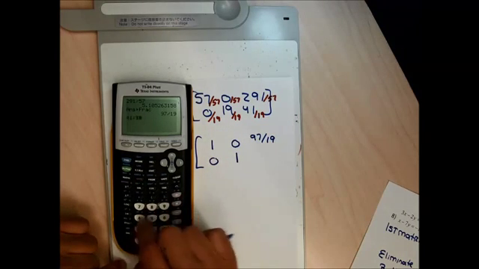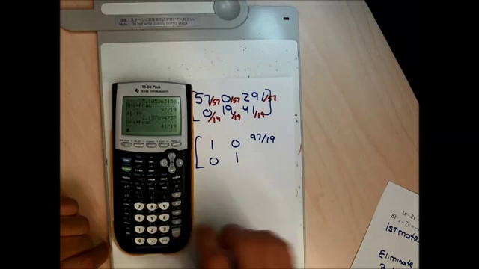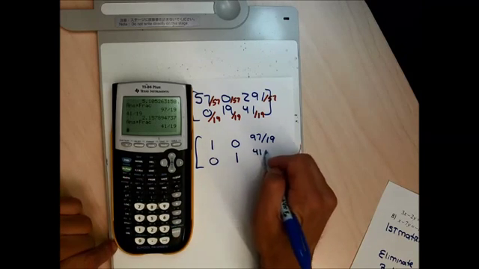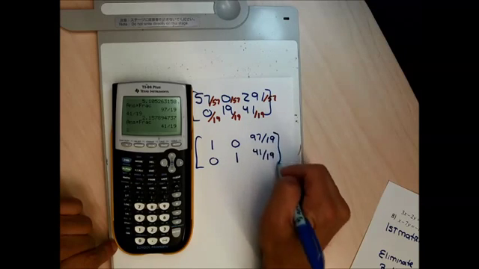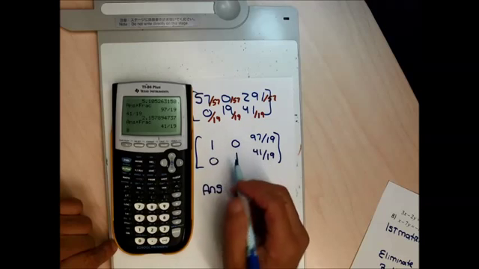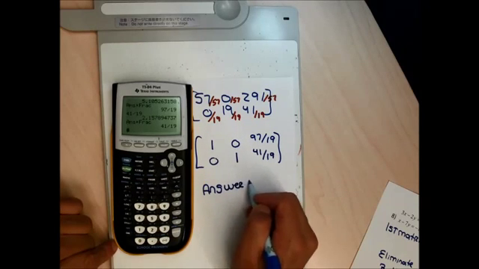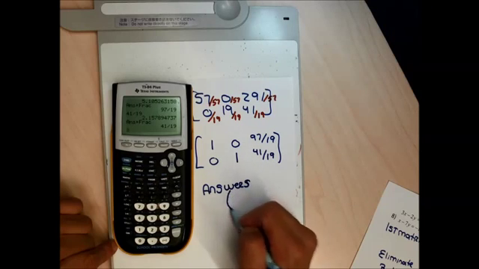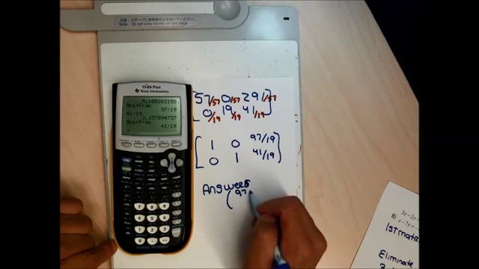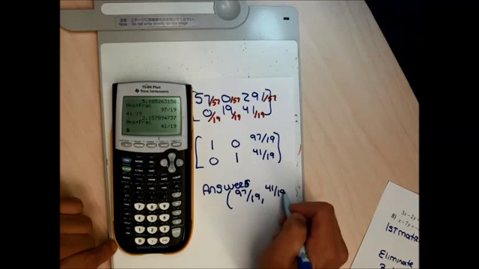And 41 divided by 19 is a nasty decimal. Let me reduce that fraction. It's still 41 over 19. So I can only read off my answer when there are ones in the x and the y position in the first two rows. My answer is going to be x equal to 97 over 19, y equal to 41 over 19.